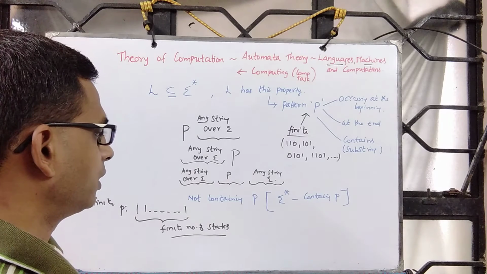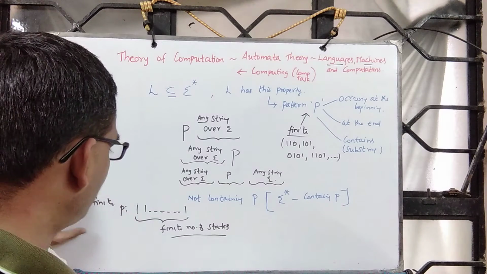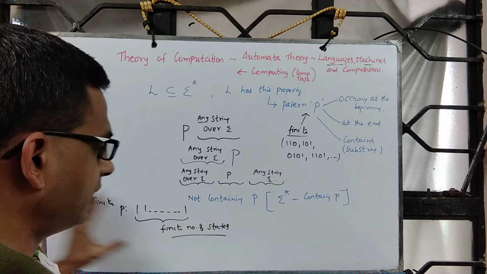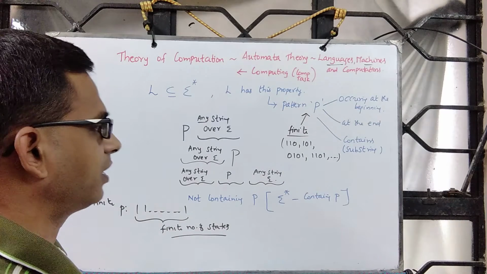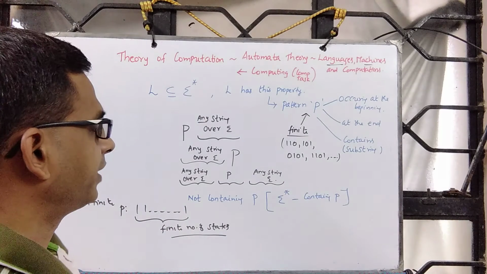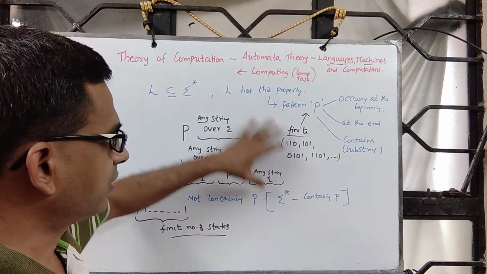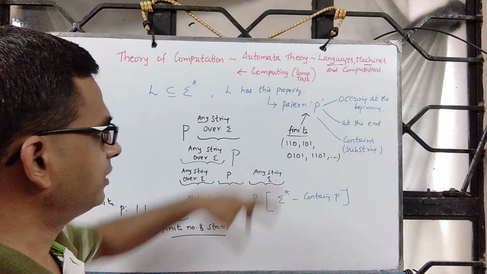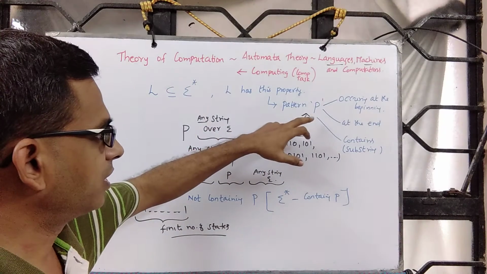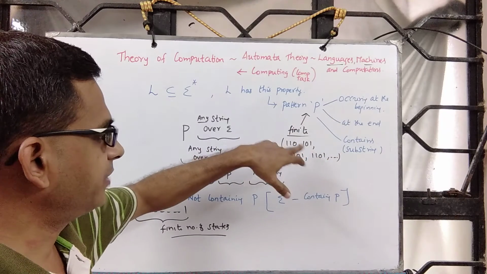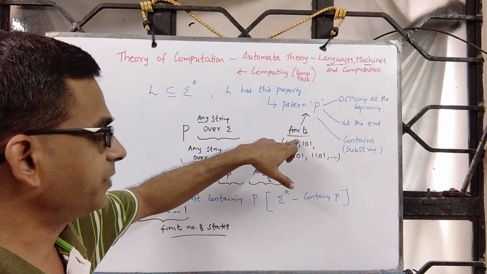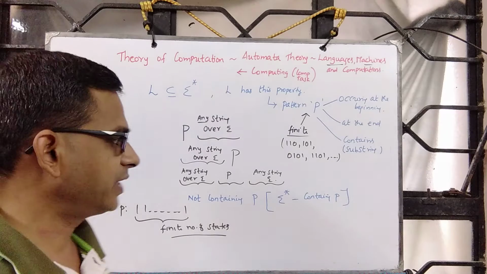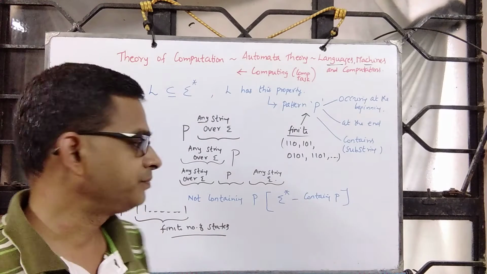Okay. So focusing on this question is not a nice one, which is why we focus on patterns of this type. Most importantly, the pattern must be finite. Only then can you design a finite automaton.